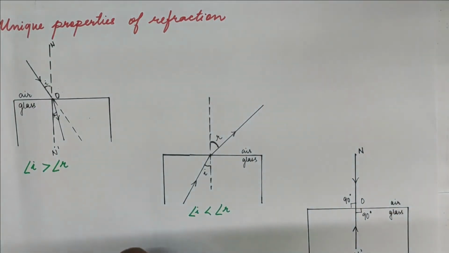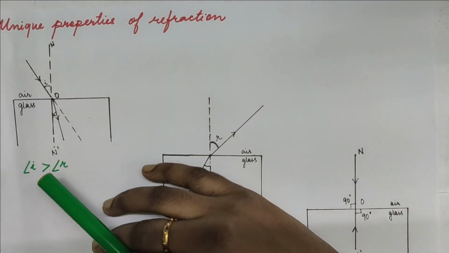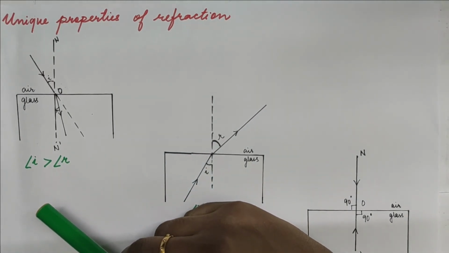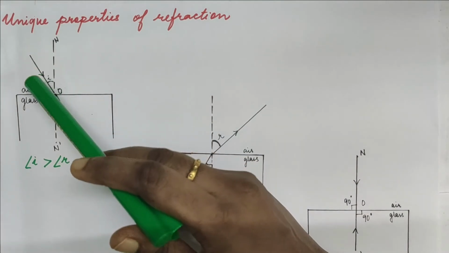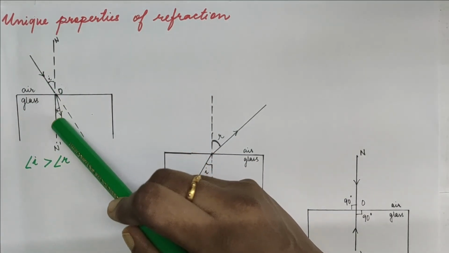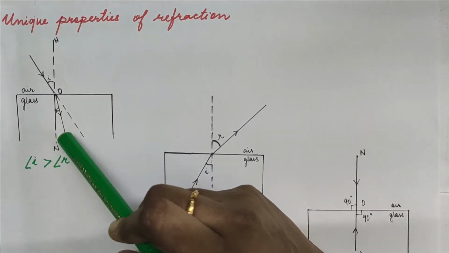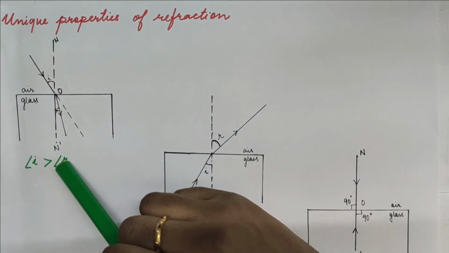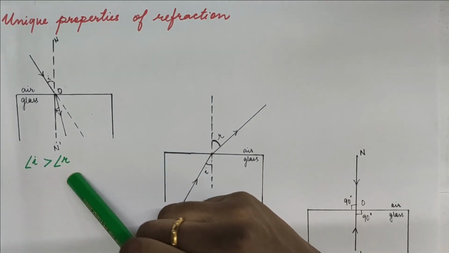The I value is more here than the R value. So when will it happen? When a ray of light enters a denser medium, like for example here, air to glass, it always bends towards the normal. So it's definite that the angle of refraction will be less than the angle of incidence in this particular case.